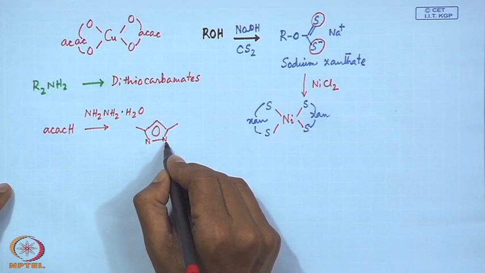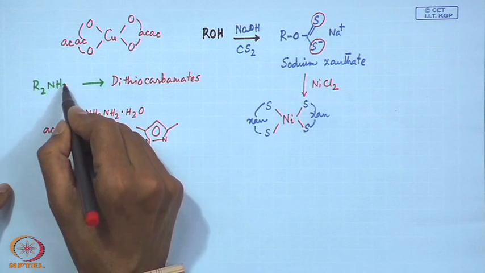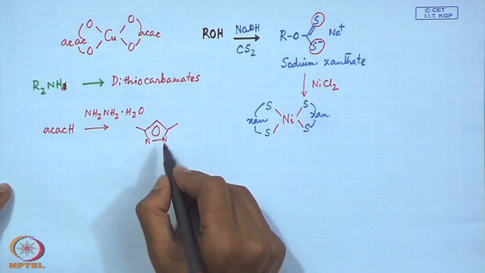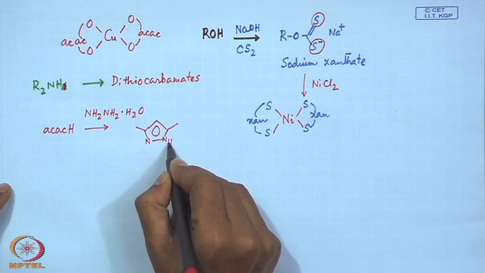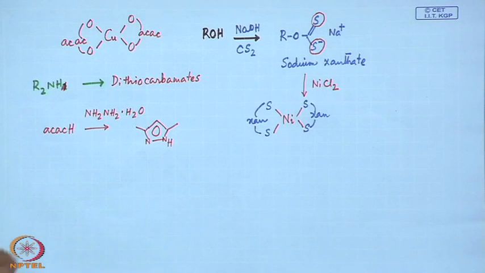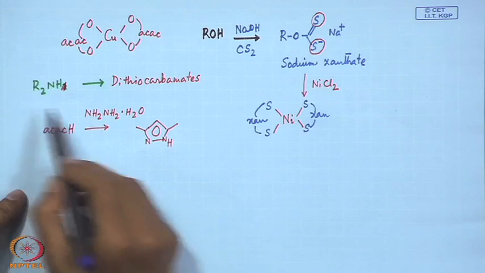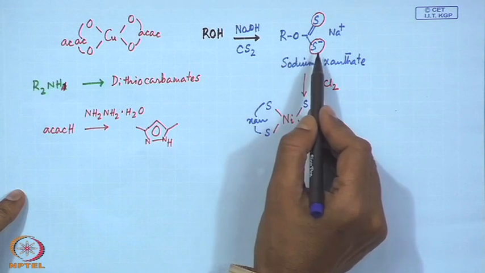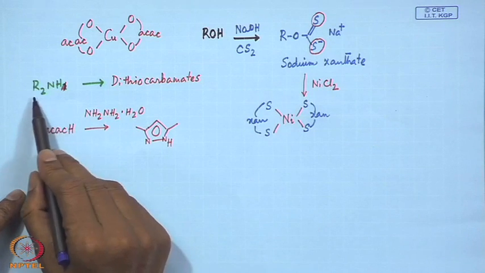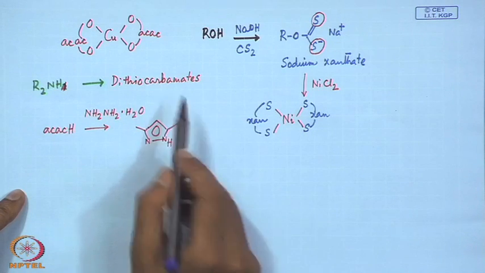That means here we have the NH group, and this NH function we can further modify, like the transformation of O minus to xanthate and R2NH to dithiocarbamate.